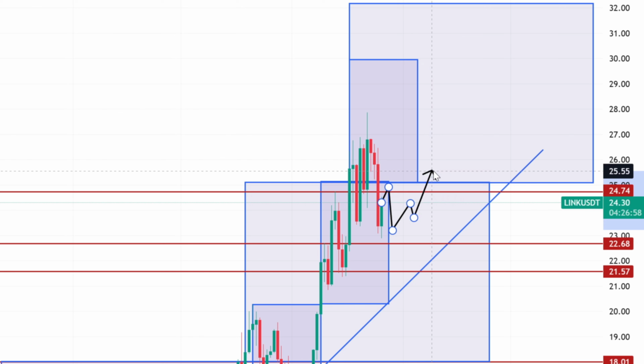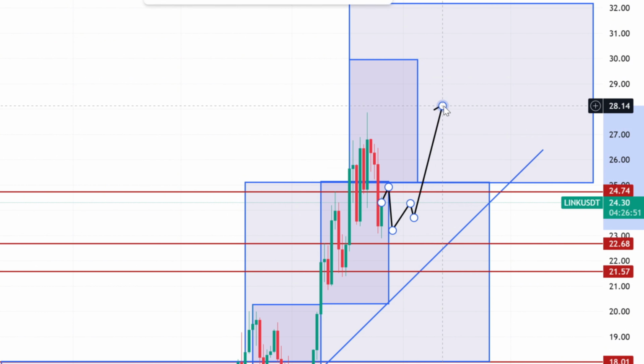So then at some point we are moving higher and then we are making the breakout again, and at some point we will go higher above the recent high.